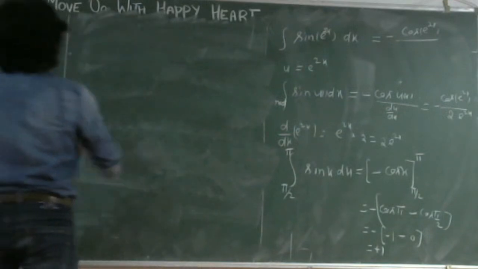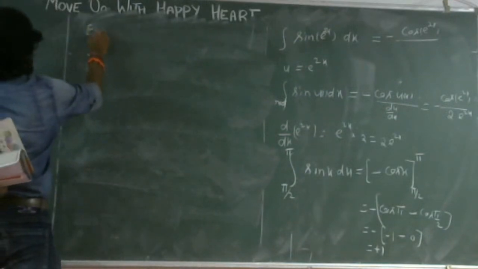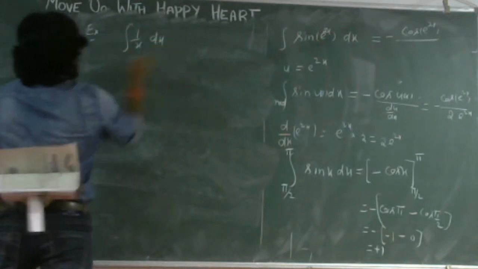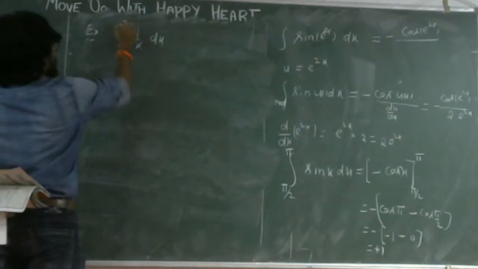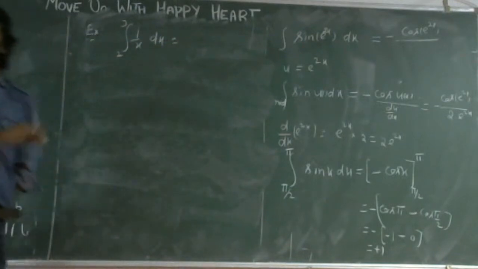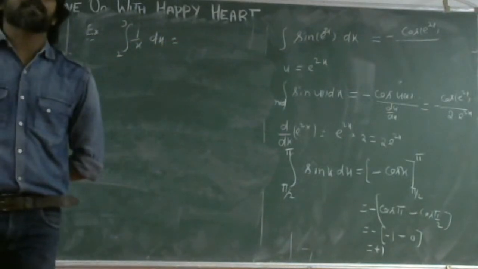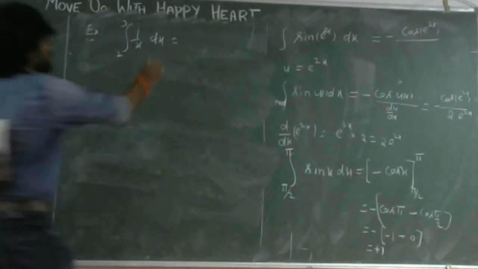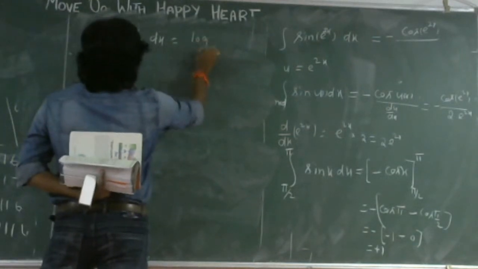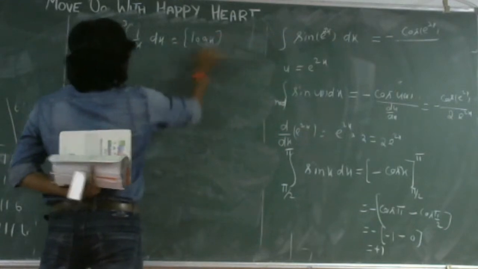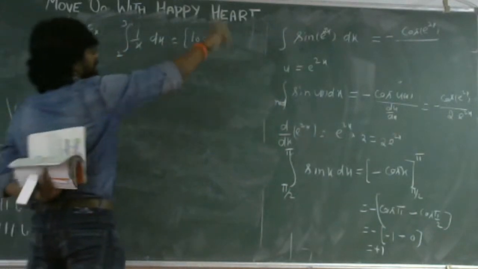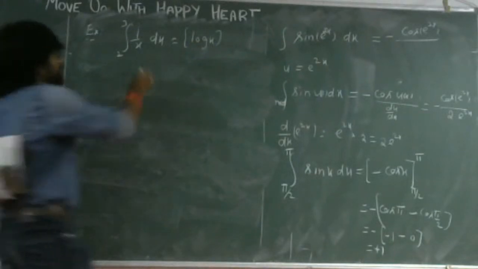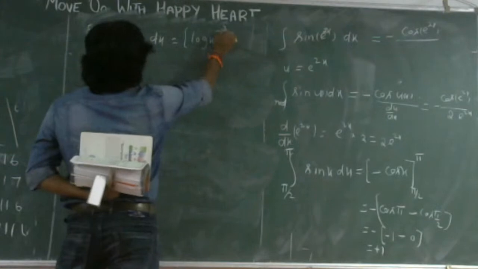Right. Next example. First, integral of 1 by x dx with limits 2 to 3 is equal to what? Integral of 1 by x dx is what first? So it is equal to log x with the limits. If limits are there, no need to write plus c. If limits are not there, then only you have to write plus c. Okay? Now limits are 2 to 3. So what will you get?